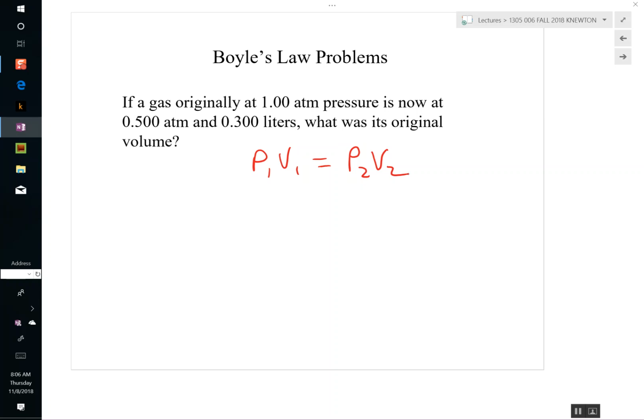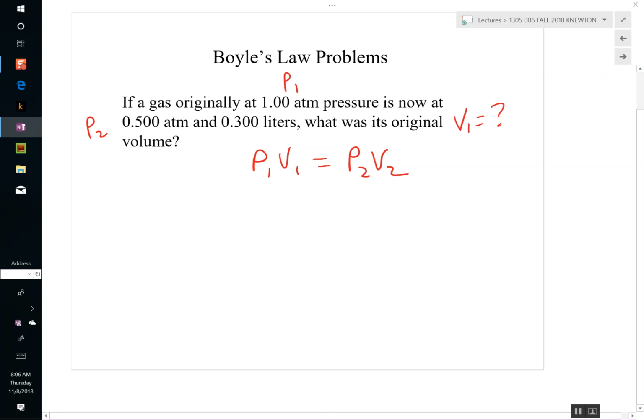Typically you have to be given at least 3 of these. If the gas originally at 1 atmosphere is now at 0.5 atmospheres and 0.3 liters, what was its original volume?